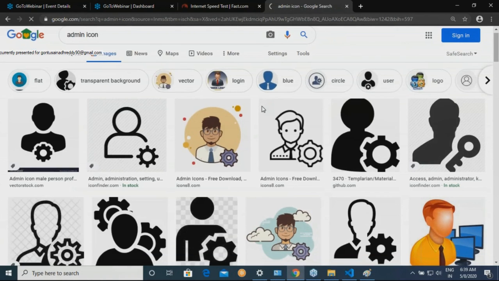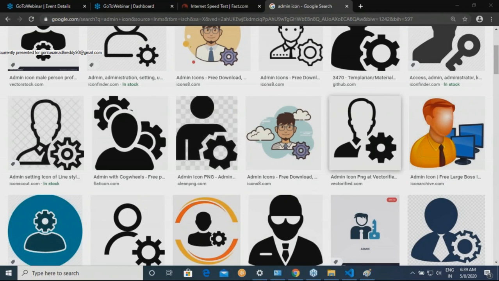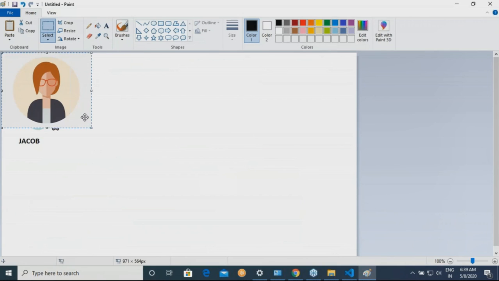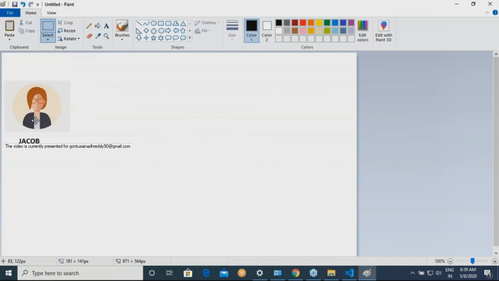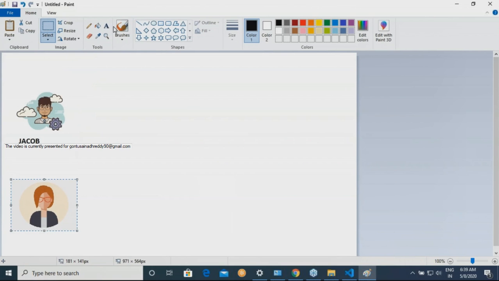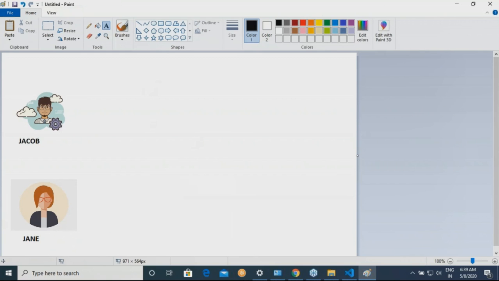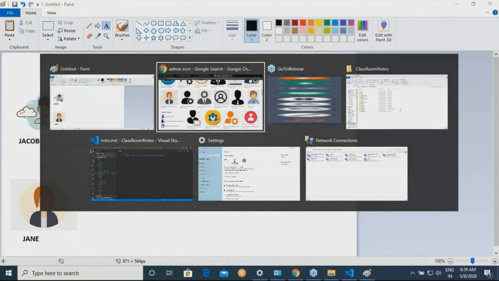And then I'll have one more character also. Couple of characters. So this will be Jane. Right. And they're all working for an organization.